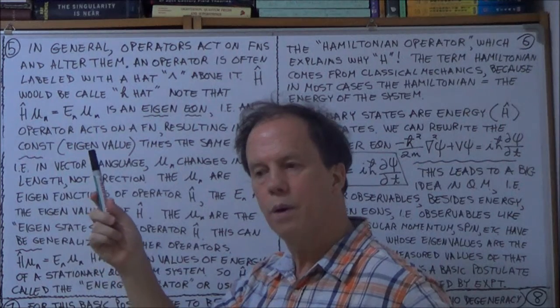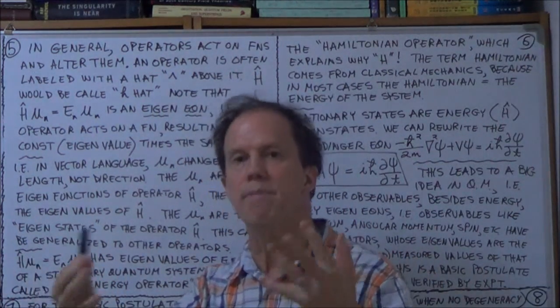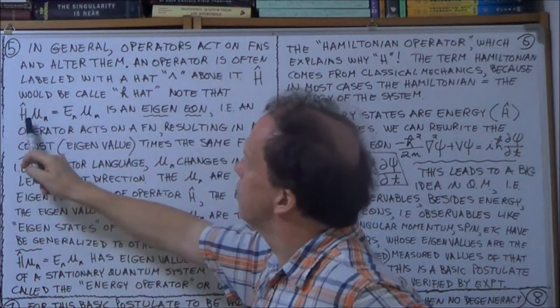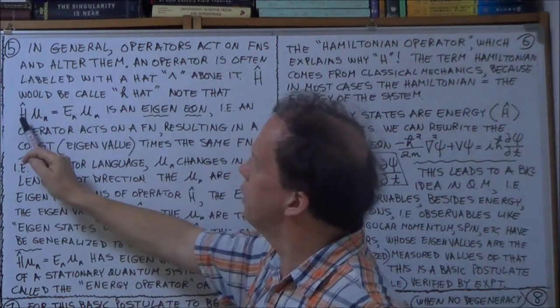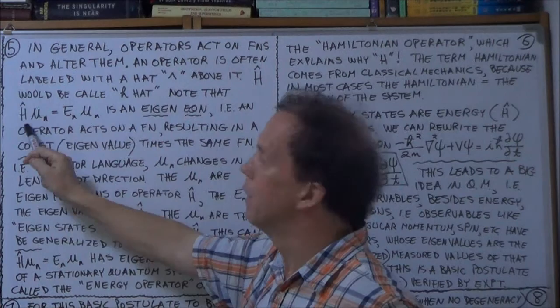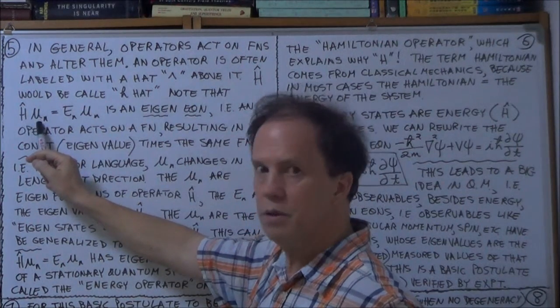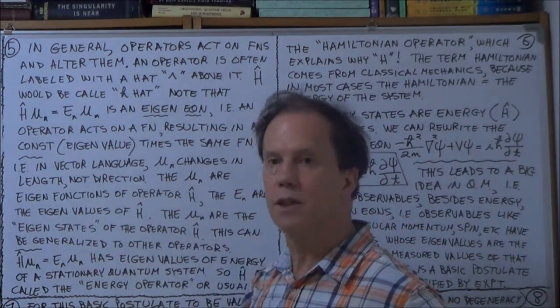Remember, an observable just means a measurable physical quantity, like energy. So for each observable, you'll have a corresponding operator. You'll have your kets, or solutions, your Eigen functions, which are solutions to your Eigen equation.